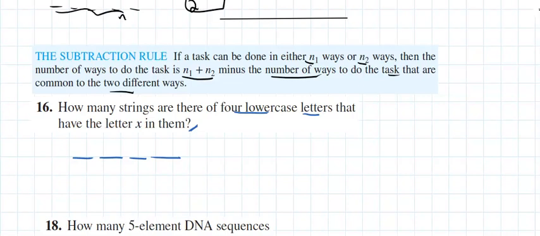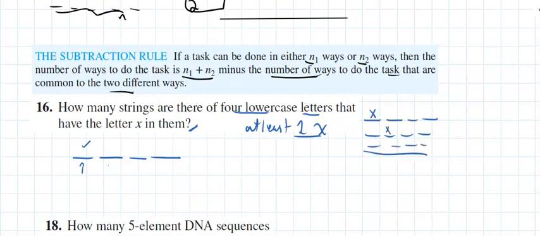The issue is, if it has X, that means at least 1 X. At least 1 X is a lot of work. That means either here, or 2, or 3, or 4. It doesn't mean X is here, that's going to go in the first. So just to show you, the X could be there, or there, or there, or there.